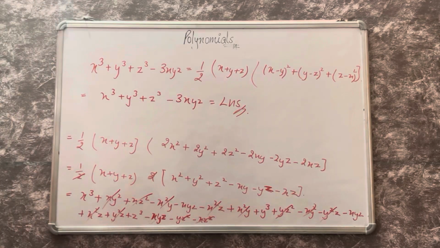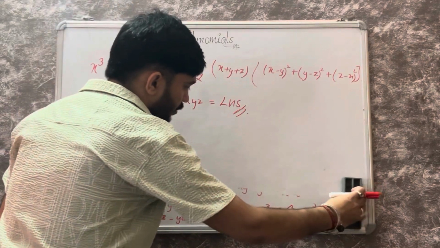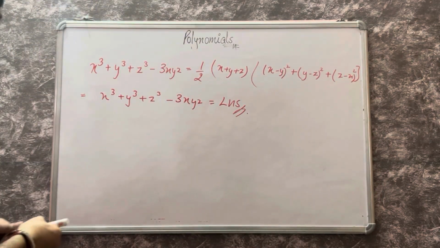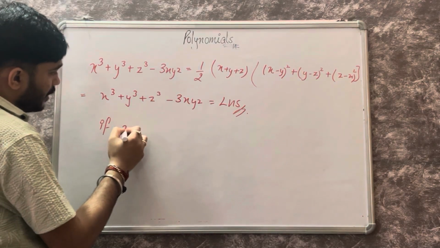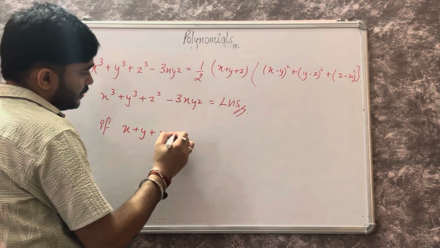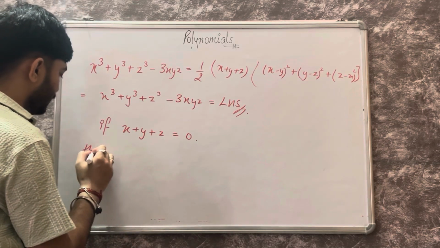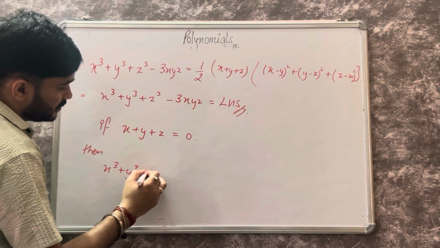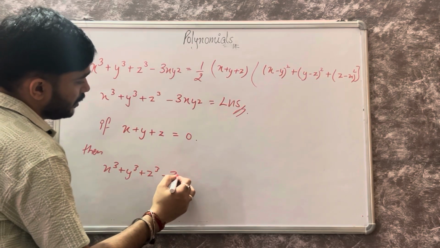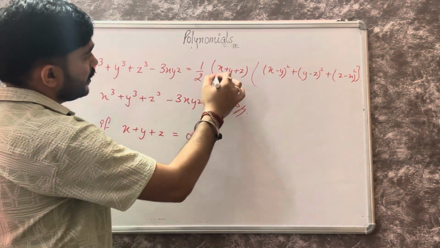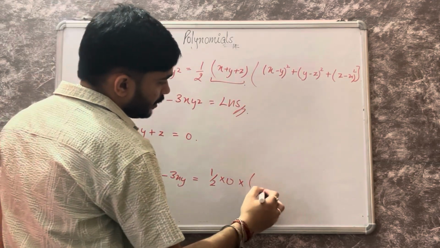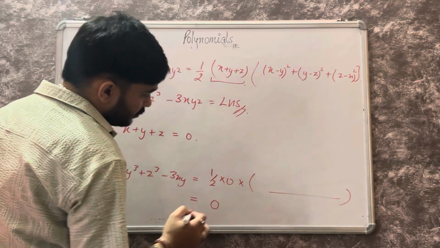Any doubt? Now we are going to have one property of it, that is, if x plus y plus z is equal to 0, then x cube plus y cube plus z cube minus 3xyz is equal to 1 by 2 into 0, and 0 multiplied by anything is 0.